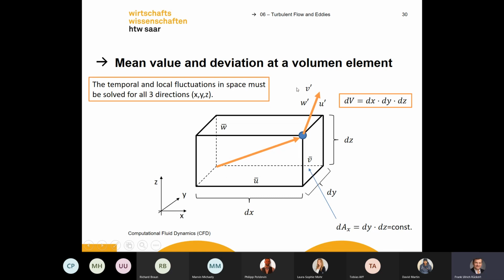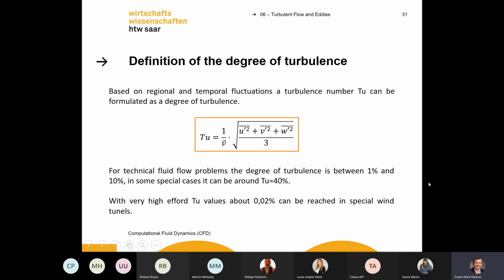You can have these fluctuating values, these fluctuations. This gives you the turbulence. And based on these fluctuations, on the deviations, we can formulate the so-called degree of turbulence.